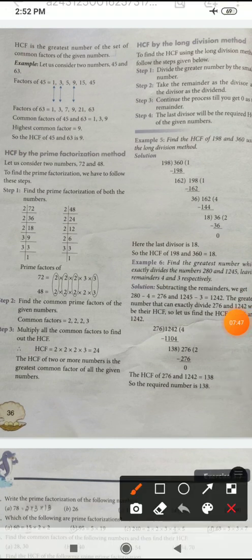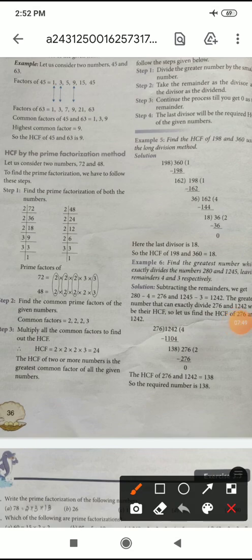Now we find out the HCF. So the HCF of these two numbers is how much? The divisor of the division. So 138 is the HCF. So the required number is 138.